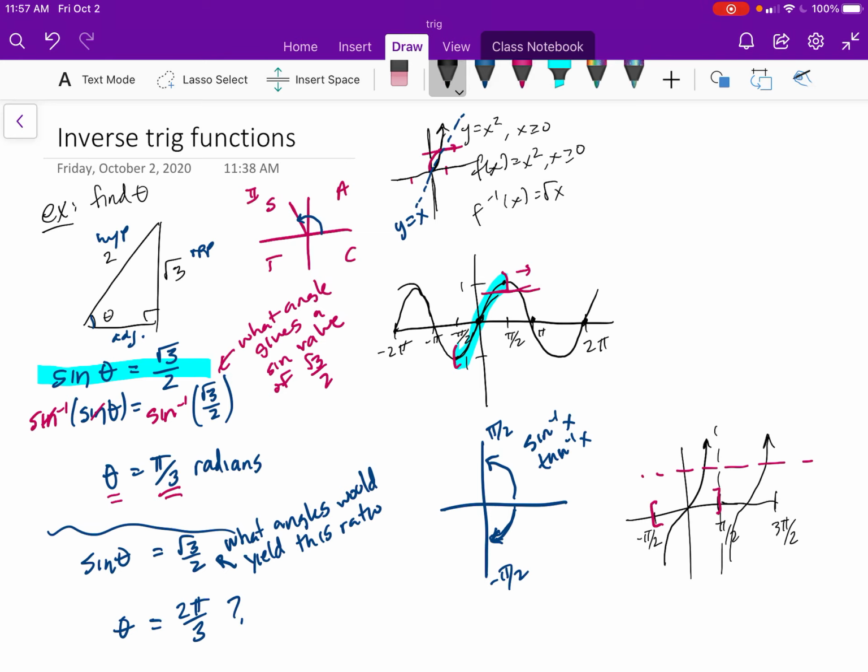Cosine is slightly different. Remember that the graph of cosine actually starts at 1 and ends at 1 out at 2 pi. So at pi it hits -1. This is the graph of cosine. If we restrict the domain here from 0 to pi, we now have a one-to-one function.